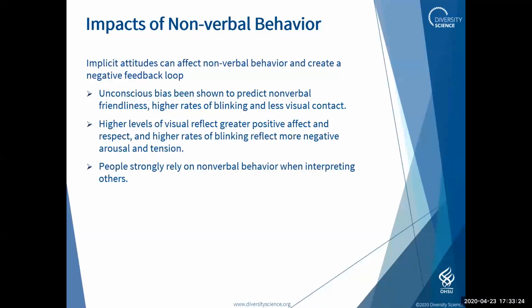We're pretty exquisite person perceivers, going back to this point that we are extremely dependent on how well we do in the social world as a social species. We're pretty well developed. We have very rapid and automatic interpretation of other people's behavior. It may or may not even be conscious. And we rely on nonverbal behavior.